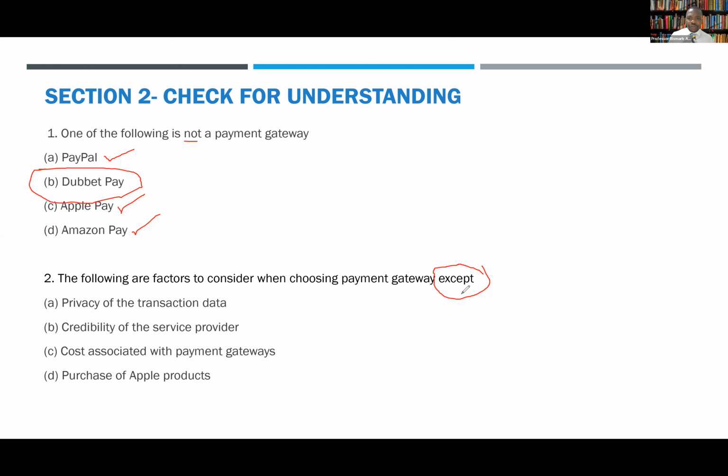So just in case someone was not able to understand how your peers got it, remember we talked about privacy, credibility, and then cost. These are all factors that you have to consider before choosing a company to process.